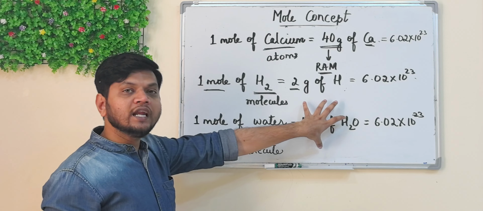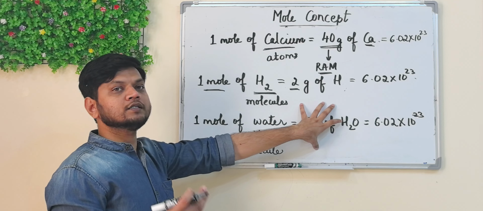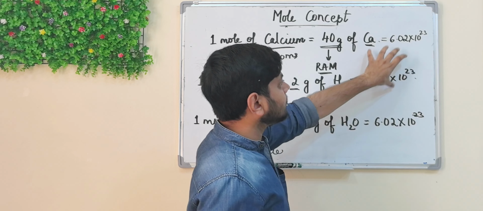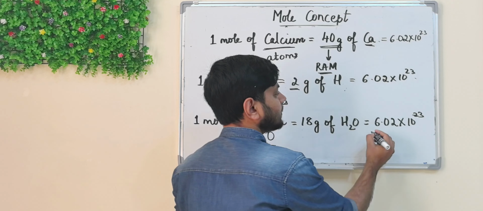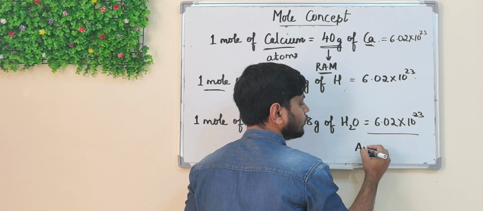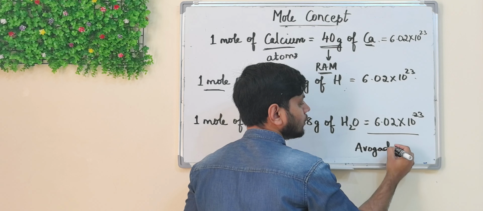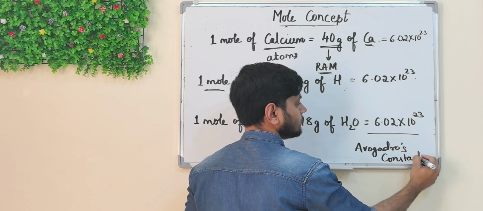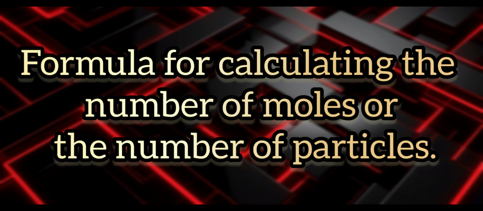And each relative atomic mass, formula mass, or molecular mass will have the same number of particles, which we call Avogadro's constant. Okay.